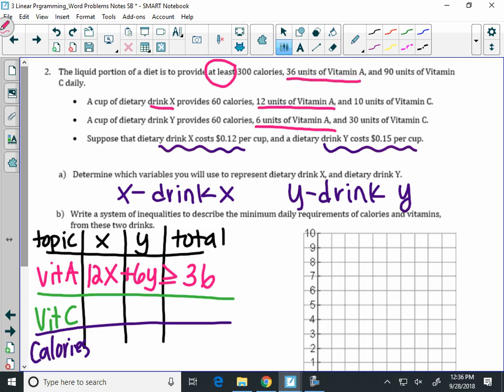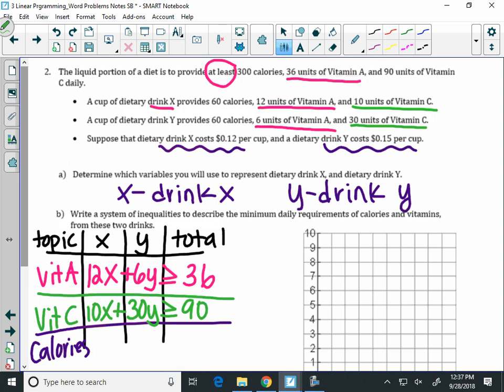All right, let's do the same thing for vitamin C. Drink X has 10 units. So we'll do 10X here. Plus how much for drink Y? 30. Plus 30Y. And again, you have to go at least how much vitamin C? 90. Okay.